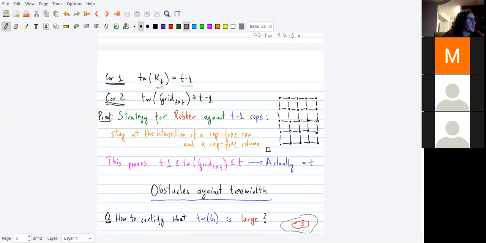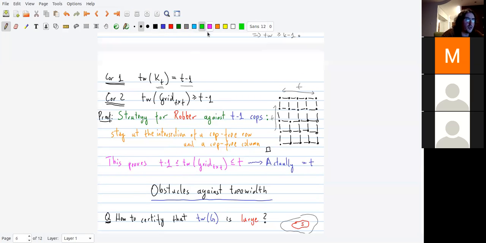Another corollary that is very nice is that I can prove to you now that the treewidth of a grid is large. That the treewidth of a t by t grid shown here is at least t minus 1. Why?